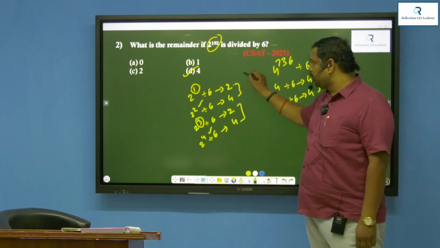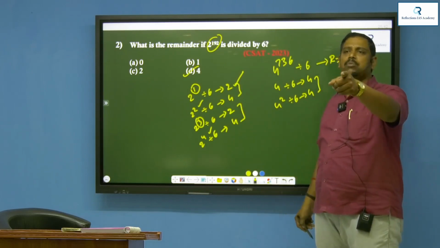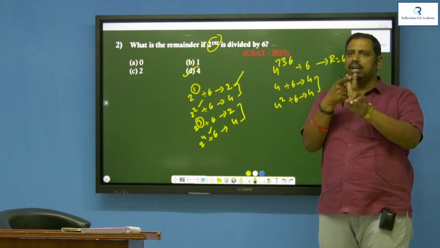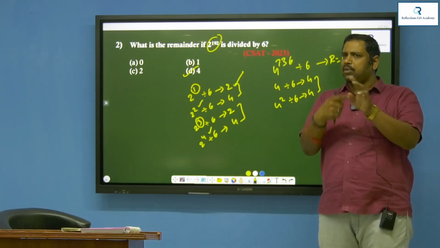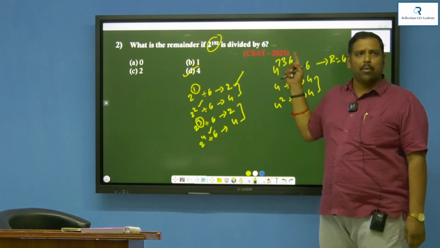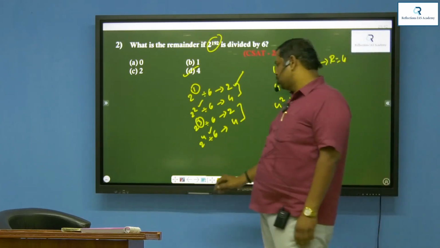If you get the same as before, you go with the periodicity concept of the unitary method. Whatever you did in the unitary method, periodicity 1, periodicity 2, periodicity 4, right? For periodicity 4, whatever I say, the same concept you have to apply here. Got my point in remainders? Am I clear? Good. Let's go to the next question.